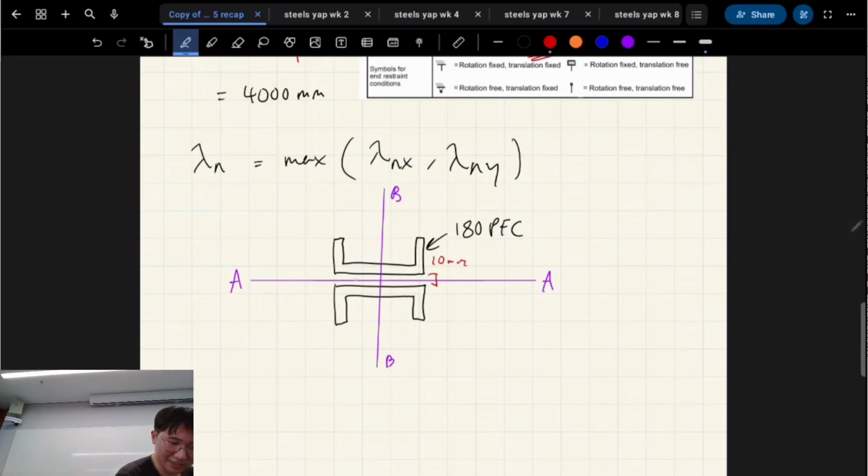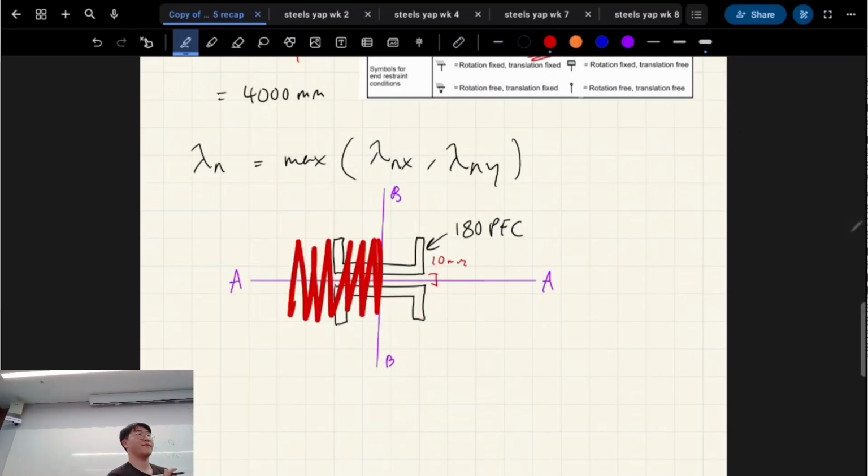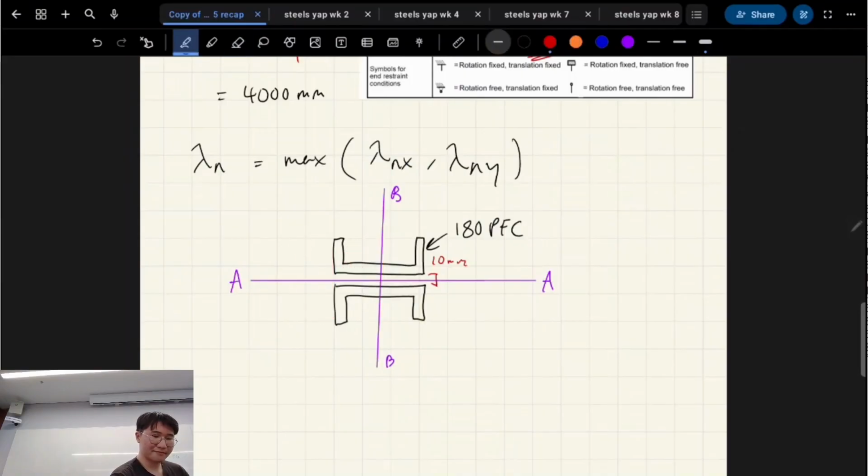Looking into it, is it going to want to buckle down that way, or to the side? So AA, is that what you guys think? Yeah, it's AA. Very good.